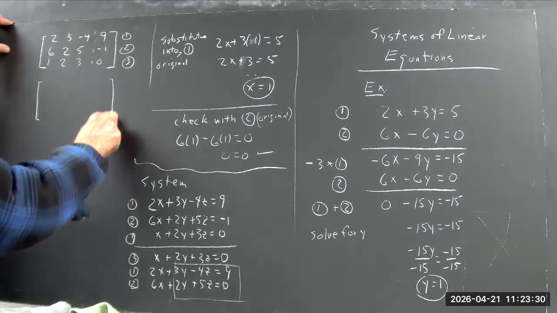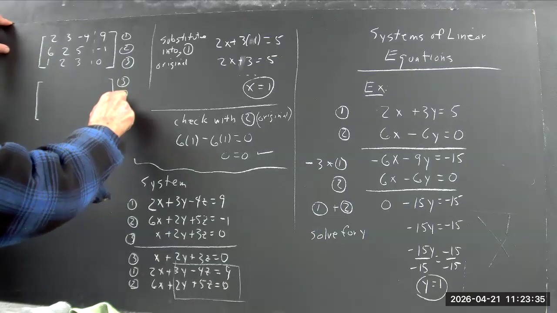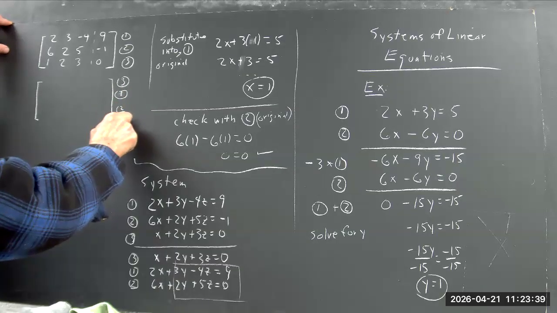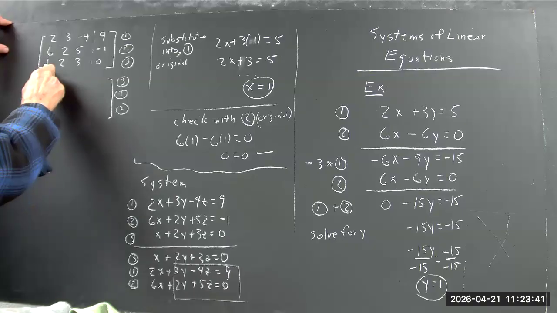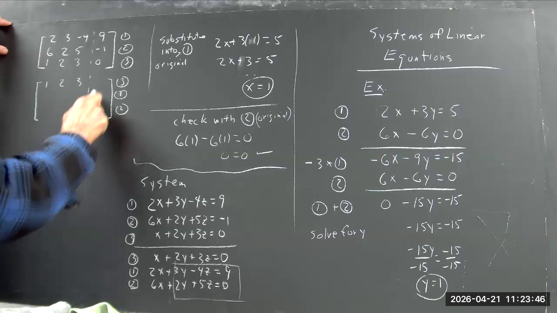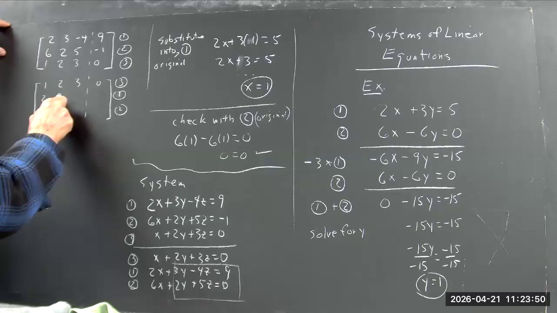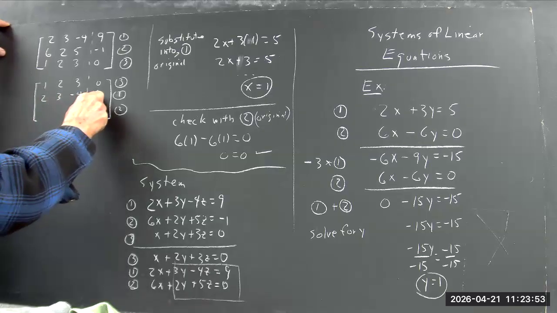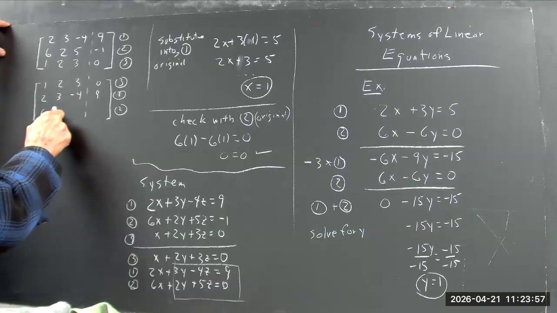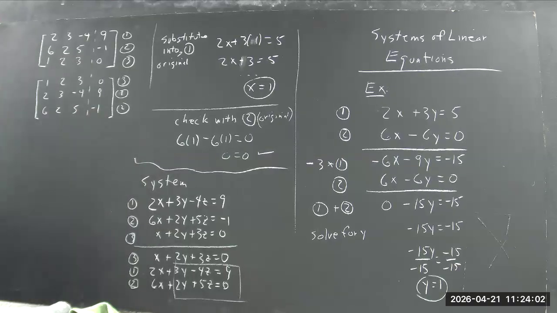I'm going to rewrite the augmented matrix the same way I did with the equations, so that I have my 1, 2, 3, 0 in my first row, and then my 2, 3, -4, 9 in my second row, and my 6, 2, 5, -1 in the third row.